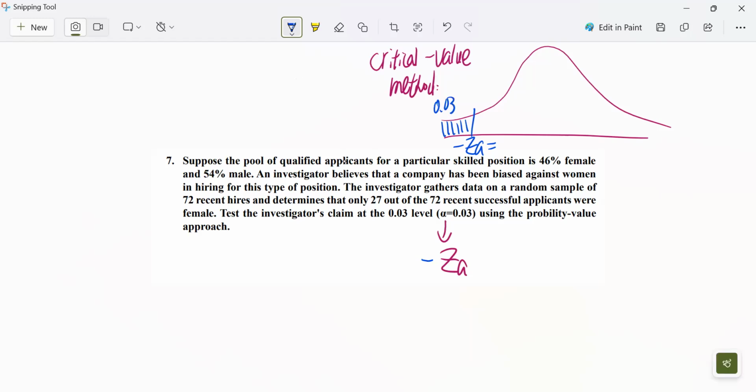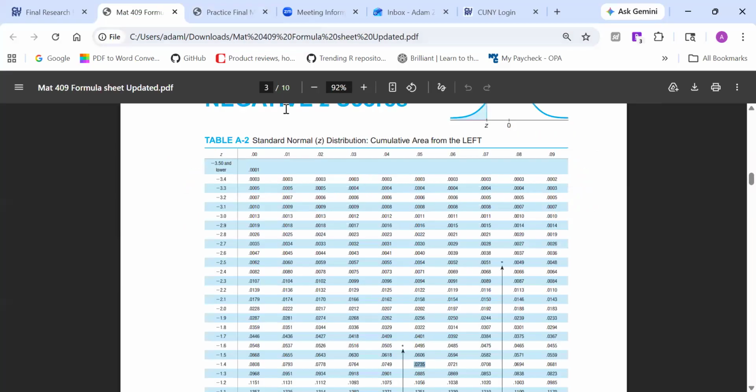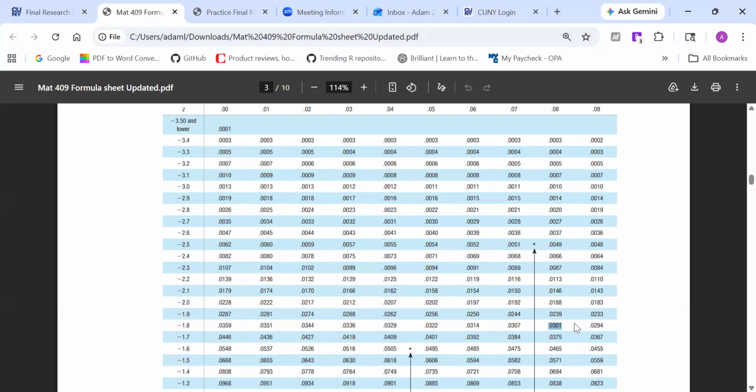So we will go back to table A2. This is the rejection region right here. Look for the critical z-score on the left tail, 0.03 on the first page. Let's see, 0.03, the closest value is this one, 0.0301. And that corresponds with minus 1.88.